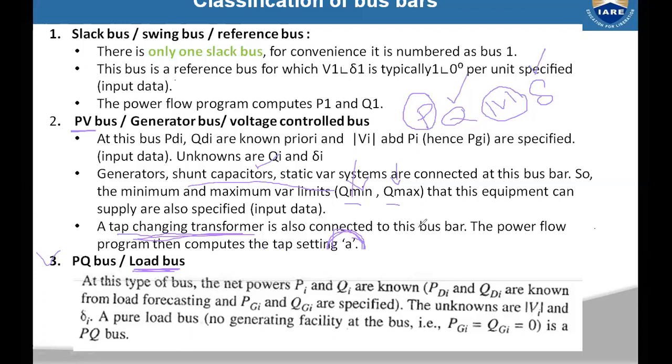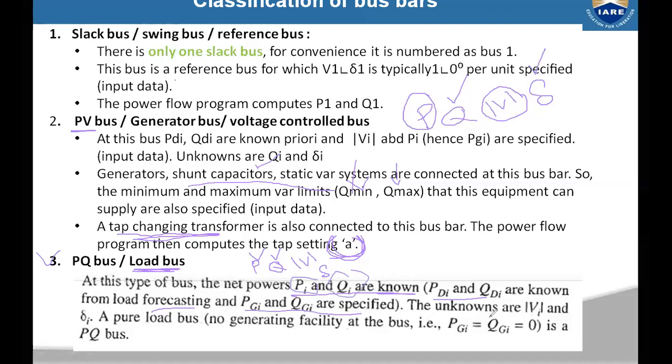Right. Now if you read this sentence, at this bus net power injected PI and QI are known. Why? Because demands, the amount of load connected to this bus, are known from the load forecasting, and generations are specified at this bus. PG and QG are specified, so injections are known.